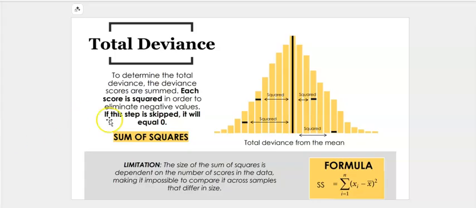And then the total deviance means that you add every single difference, and you square them. So that is the sum of squares. That is different from the mean deviation. We are now obtaining the standard deviation. When you obtain the standard deviation, not the mean deviation, you do this process: you subtract the mean score from each score, and then you make it a squared number.